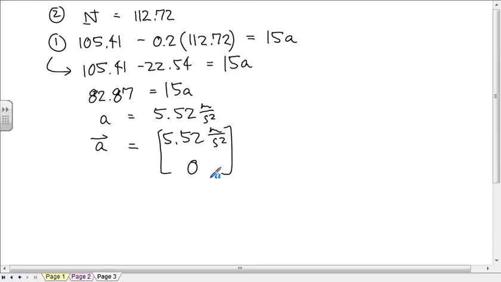Up. That creates a force going down the ramp, okay? If we switch the direction so the velocity is down the ramp, it's going to create a force going up the ramp. And so what we should see is actually a bigger acceleration value up the ramp than we had before.